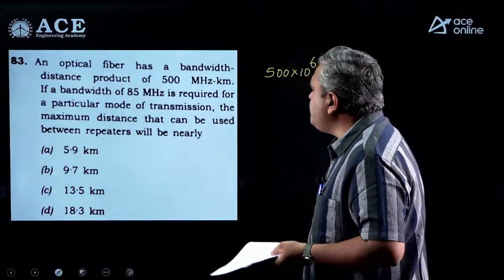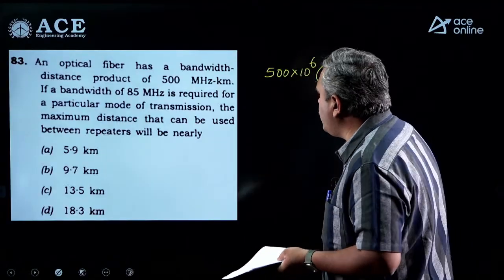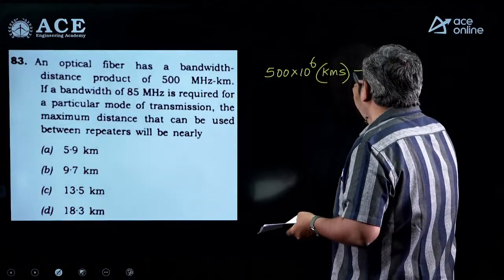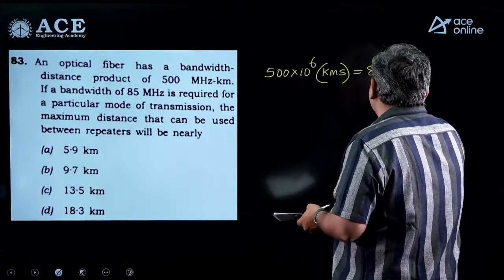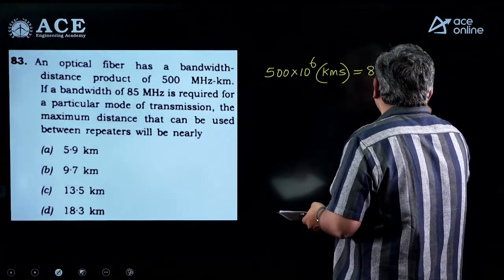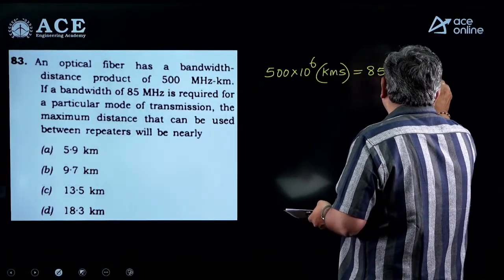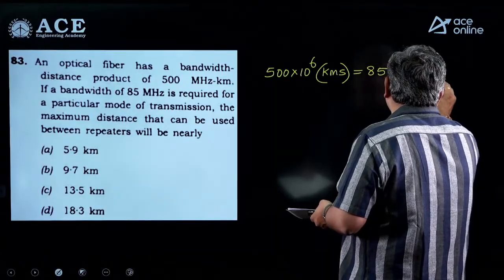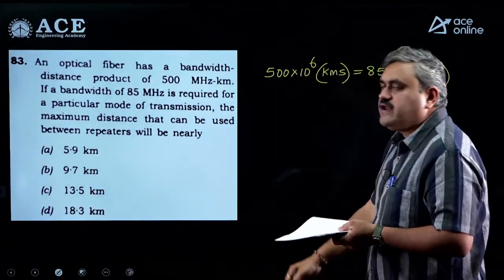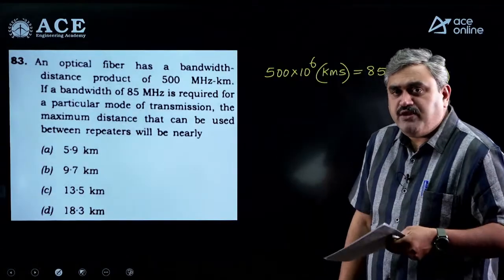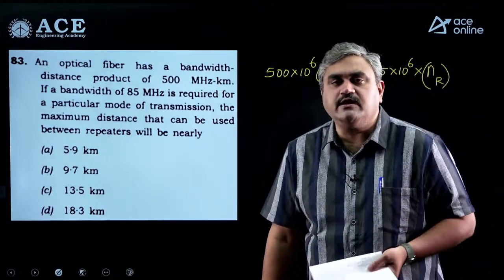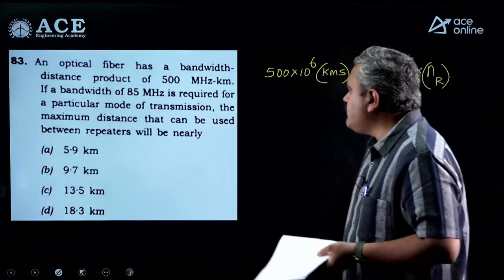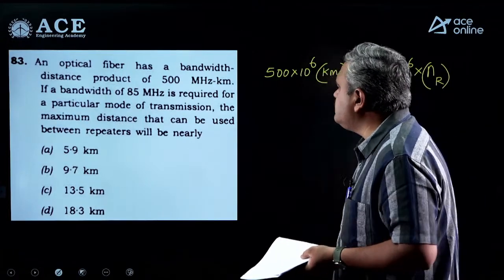If a bandwidth of 85 megahertz is required for a particular mode of transmission, so bandwidth is 85 megahertz into a certain number of repeaters used. Let the number of repeaters used be R. NR, I am taking the count on the number of repeaters. So for every 85 megahertz bandwidth, we are using a repeater to remove the noise added by your channel. So how many repeaters are required, or what is the distance provided?